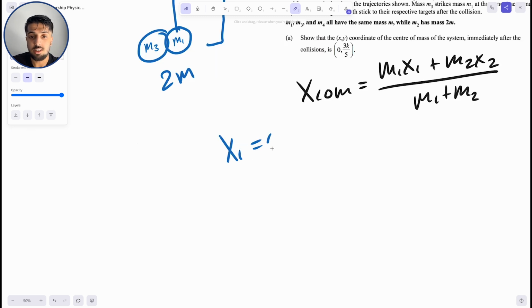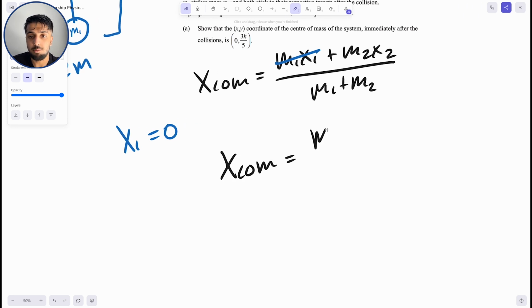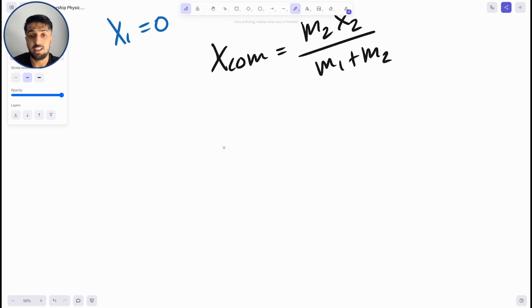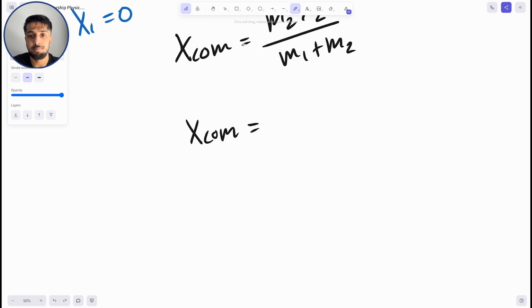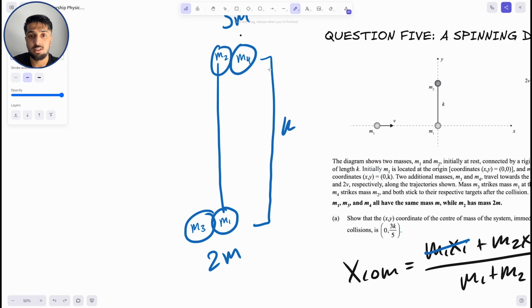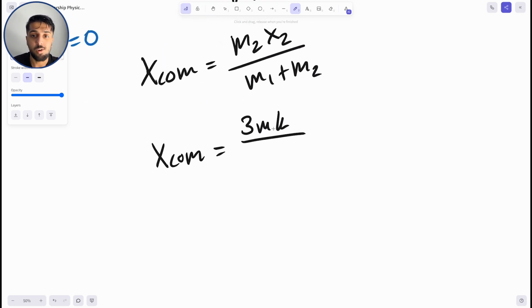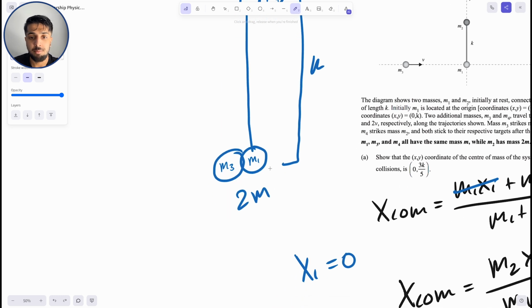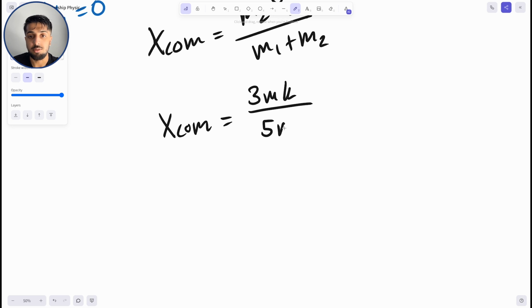Thus, as x1 is equal to 0, this term cancels out, and our x center of mass equation becomes m2x2 all over m1 plus m2. And therefore, plugging in our variables, we get the center of mass is equal to m2, which is this mass right here, which is equal to 3m, times x2, which is the distance from the origin, which is length k, so 3mk, all over m1 plus m2. m1 is 2m, m2 is 3m, and this gives us 5m in total.